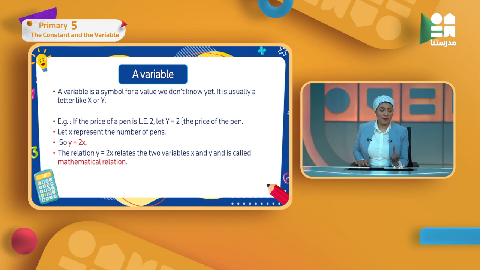The price of the pen is the constant thing. So here y changes as x changes, because the number of pens I'm going to buy controls it. Okay, let's see how this can happen.